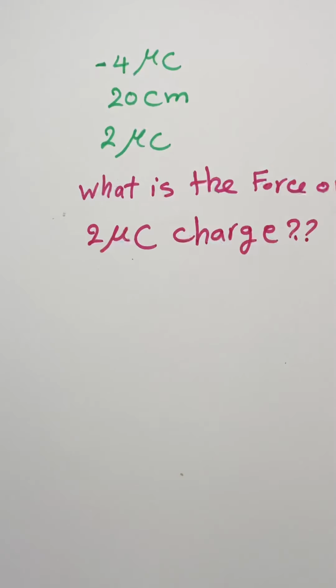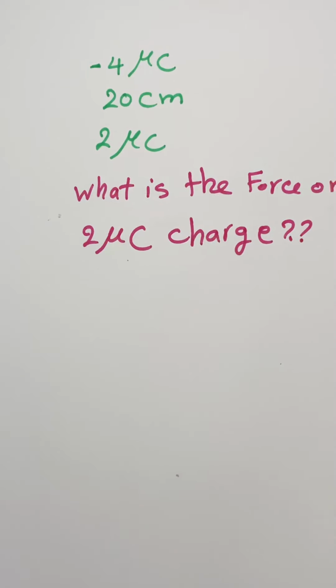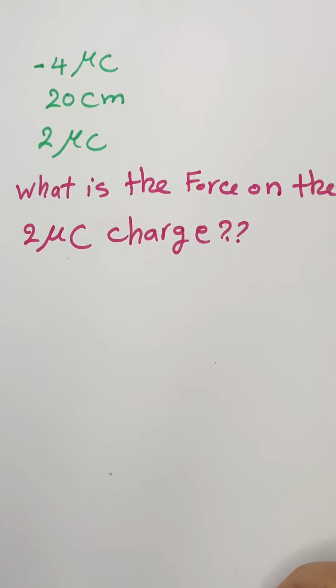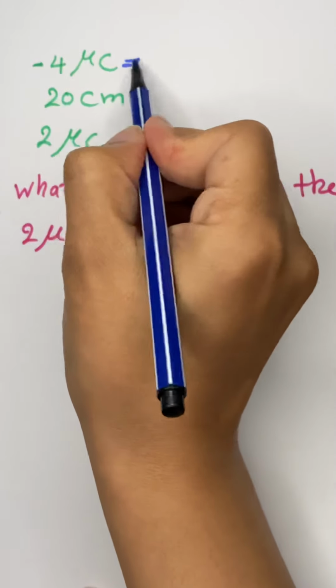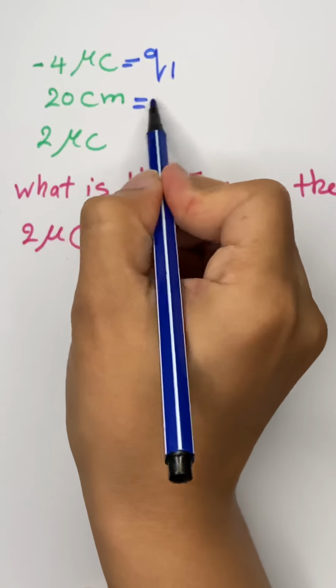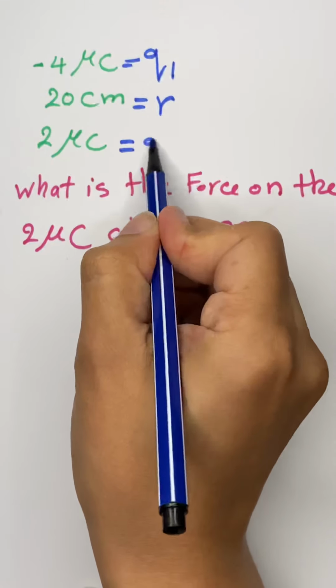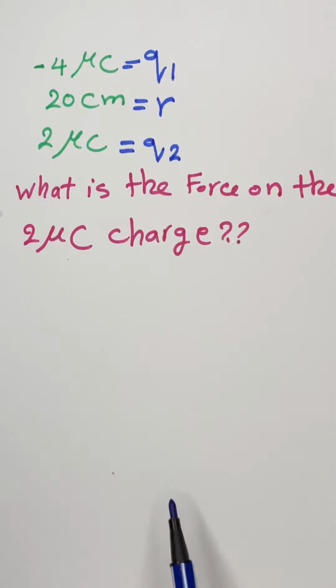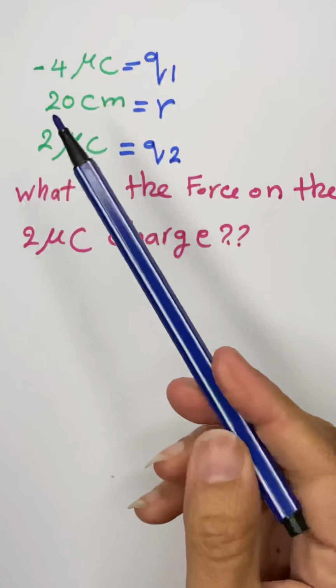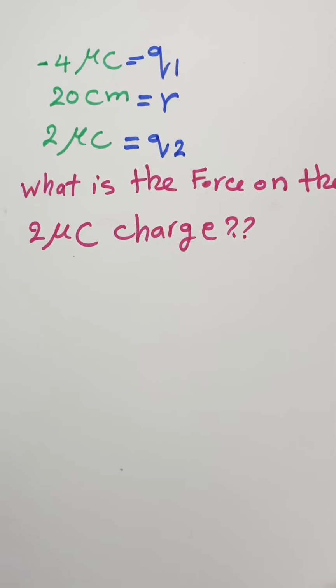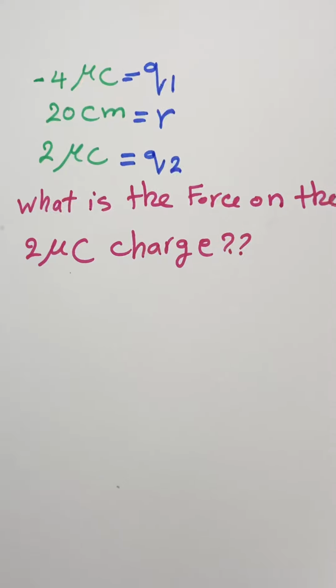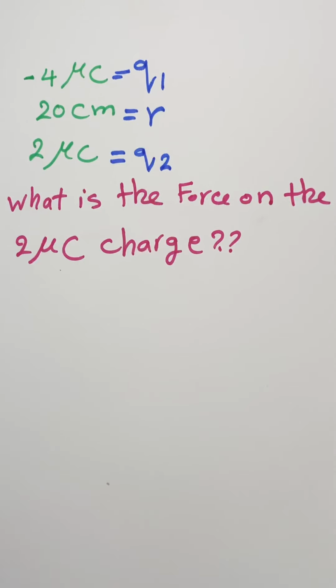So let me organize. The first one will be Q1. Here I have R, and here I have Q2. Remember that the minus sign of the charge, I'm not going to put it in Coulomb's law, but I will use it to know which direction the force is going.